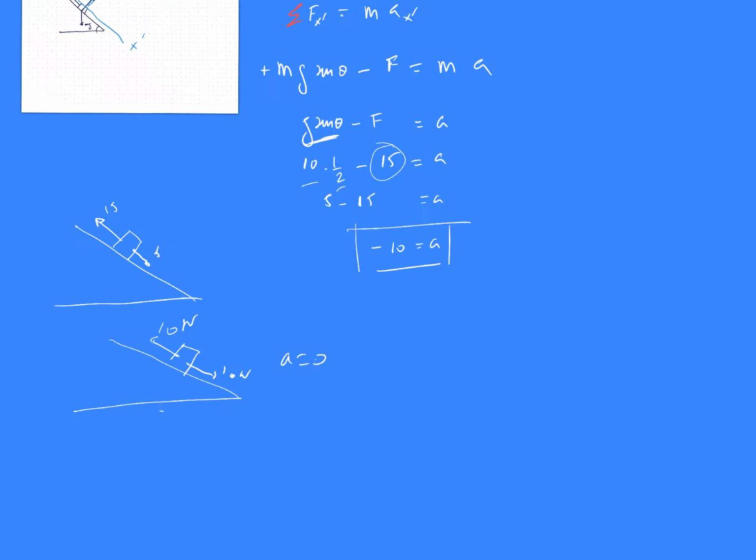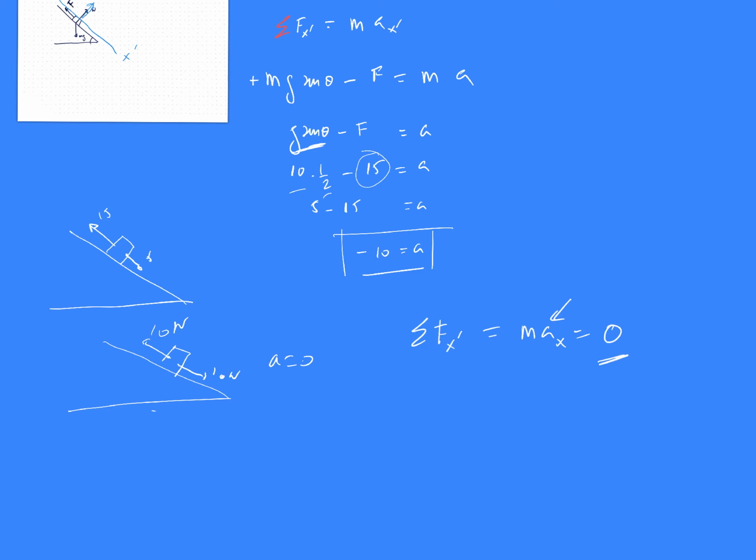So let's do it in a mathematical form. The sum of all the forces along the x prime axis must be equal to the mass times the acceleration. But now I want zero acceleration, so the product of mass and acceleration will be zero. What is the sum of all the forces? I have chosen the x prime direction positive, going downwards in the inclined plane.